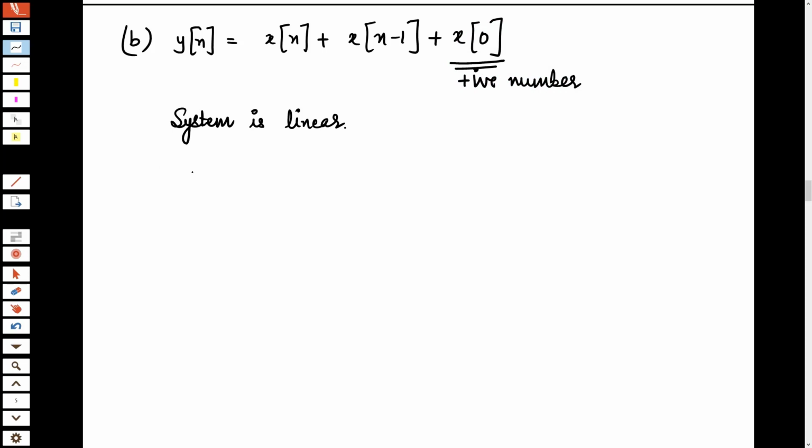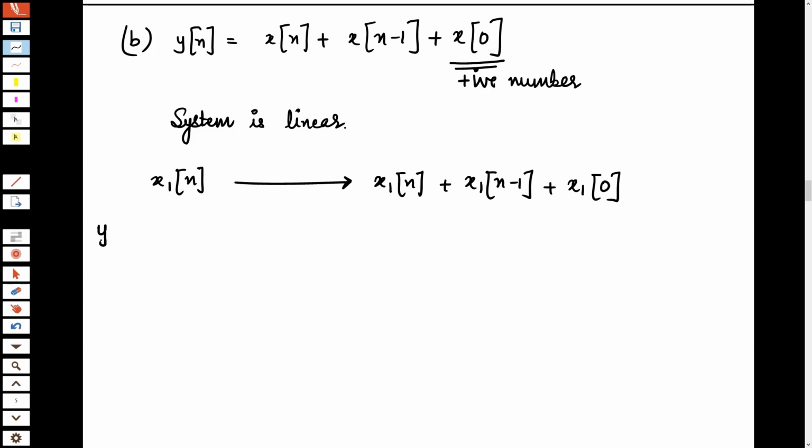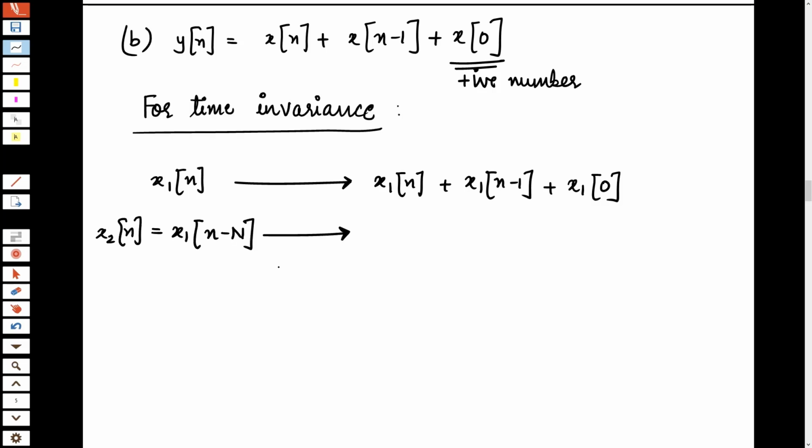But in terms of time variance, let us say we defined a new signal x1[n], which results in x1[n] + x1[n-1] + x1[0], and let me define a new signal x2[n], which is x1[n] shifted by an amount capital N. So what would you get if you fed in x[n-N]?